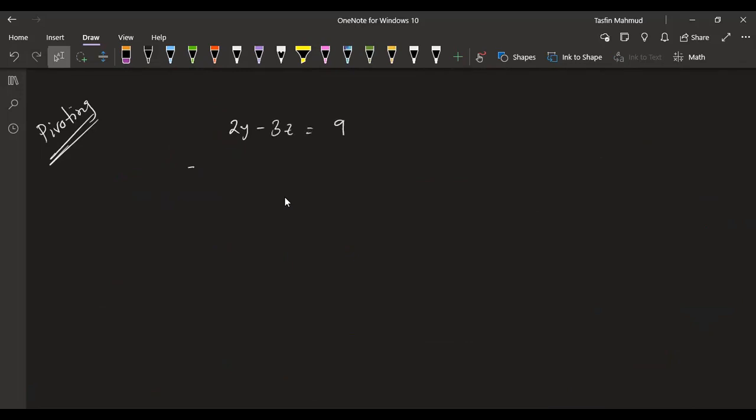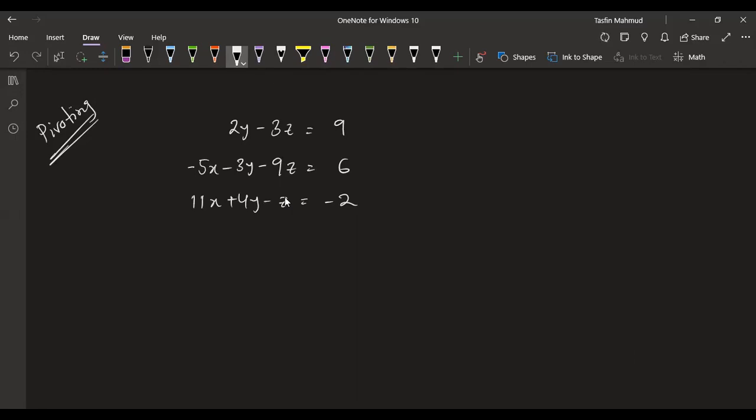We have 5x plus 3y minus 9z equals 6. And plus 11x plus 4y minus z equals minus 2.